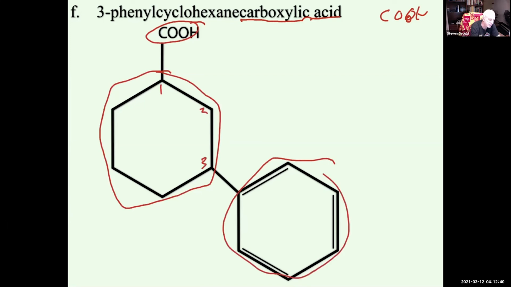By definition, where the COOH group attaches to any cyclical structure, it is a number 1 position. So 3-phenyl cyclohexane carboxylic acid. That's how we name cyclical carboxylic acids.